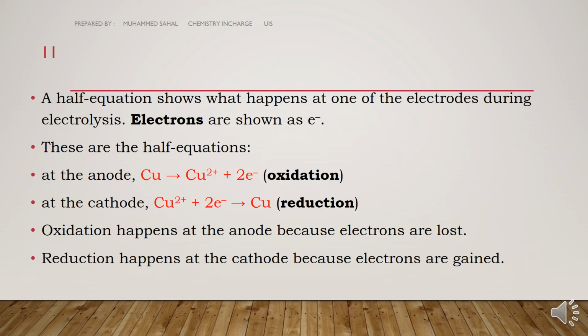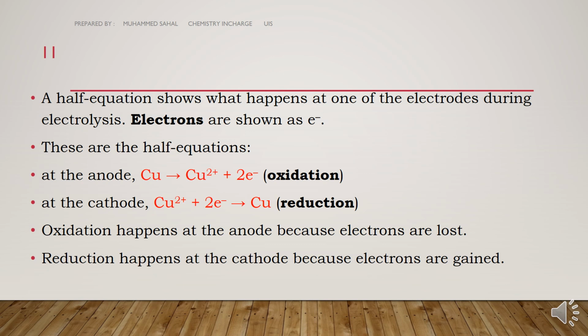This is the reaction that takes place at the anode. Copper loses 2 electrons to become copper ion. At the cathode, copper ion receives 2 electrons to become copper. During the process, the impure anode loses mass because the copper atoms lose electrons and become copper ions.